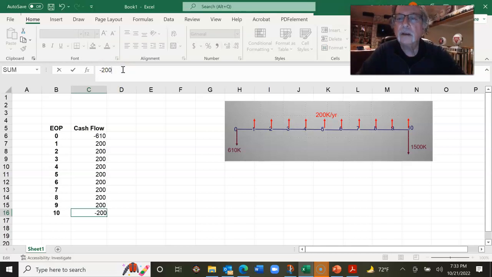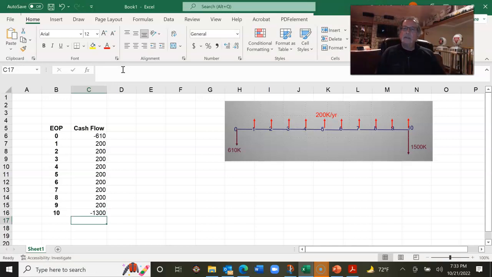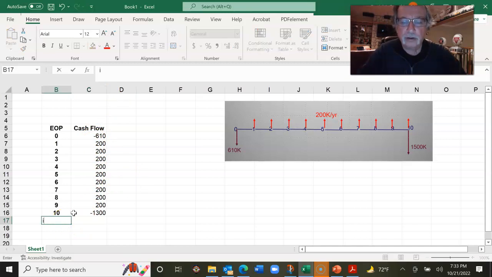So what we can do here is there are several things we can do. But one of the things we can do is first calculate the internal rate of return.